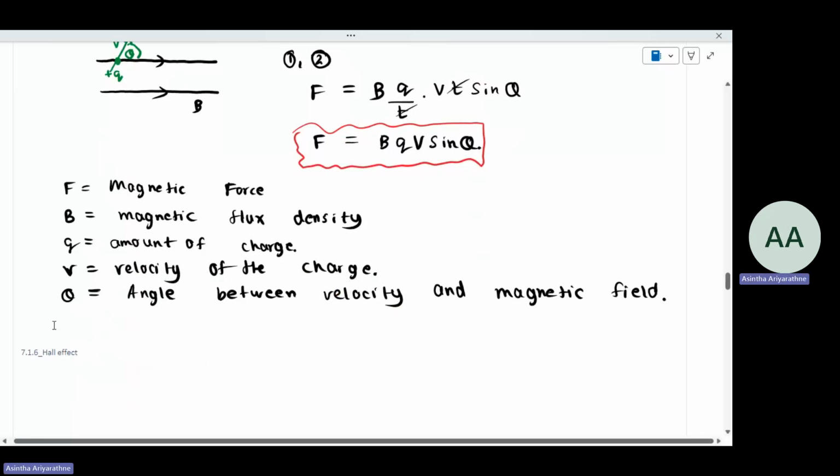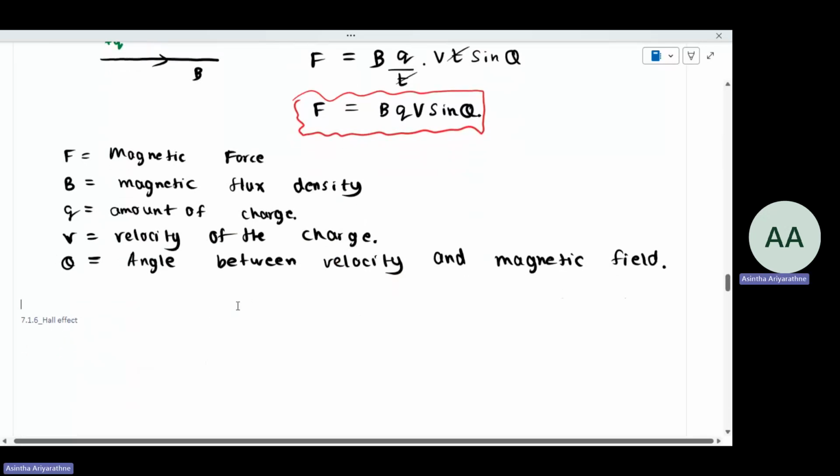So this equation is just to find the magnitude of the magnetic force.